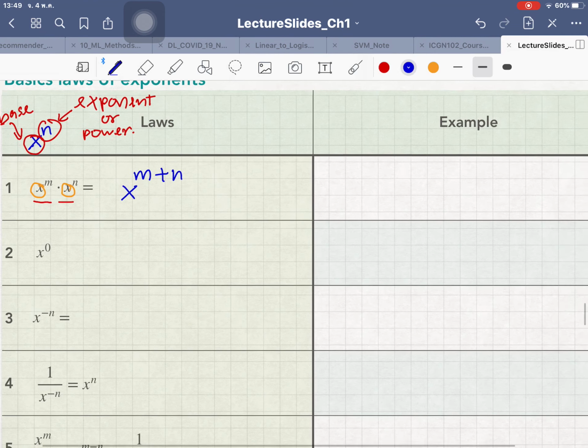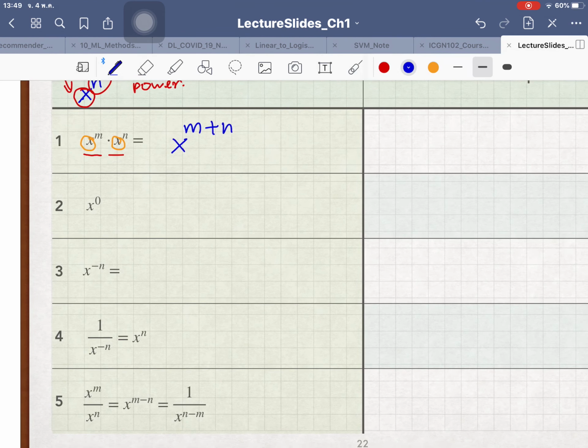Let me show you some examples. If you have 2 to the power 3 multiplied with 2 to the power 4, for the first term, this power is 3, so it means that you have 3 repeating terms of 2. So we can write out the terms.